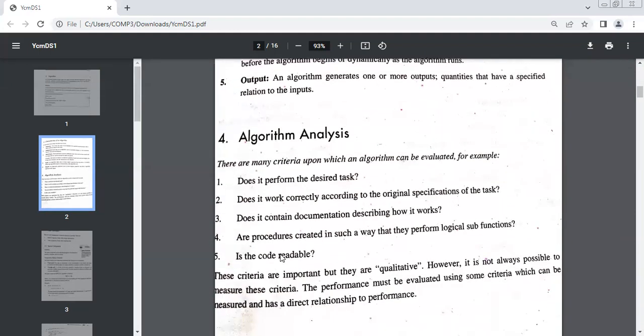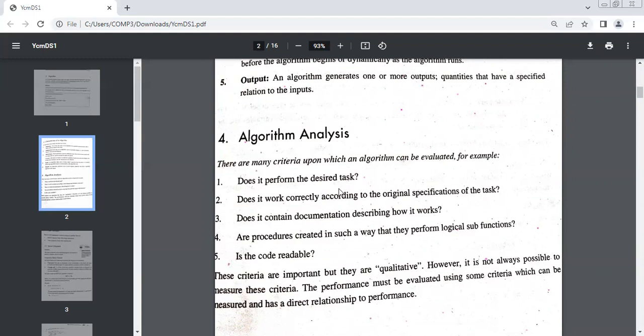The next point we discuss is the criteria on which an algorithm can be evaluated. On the basis of these criteria, algorithms can be evaluated. The first criterion is: does it perform the desired task?